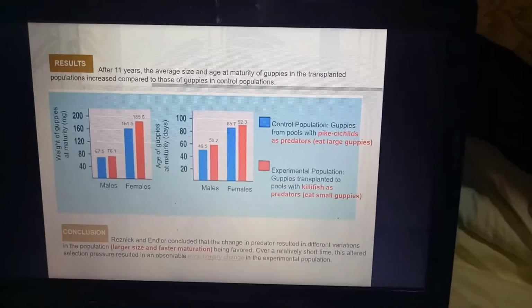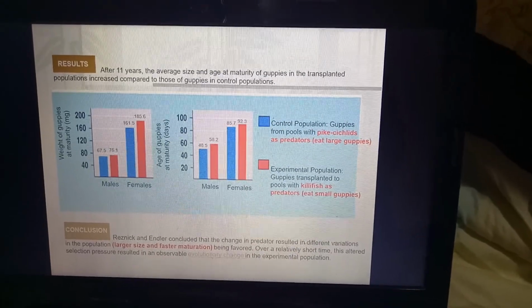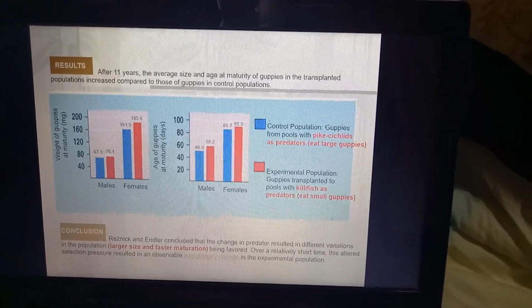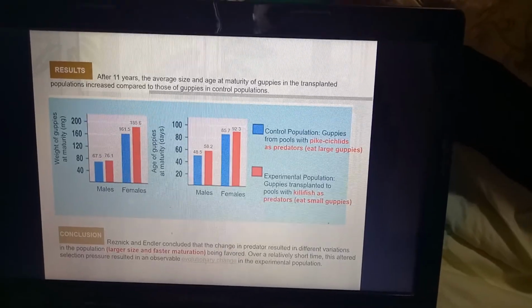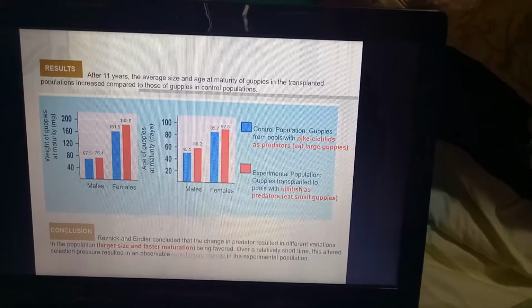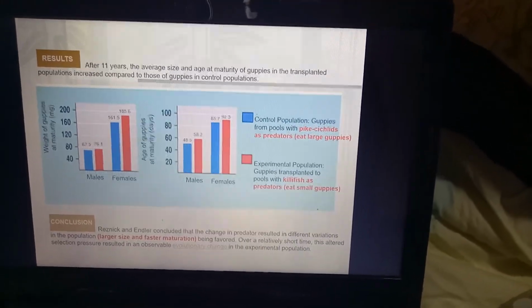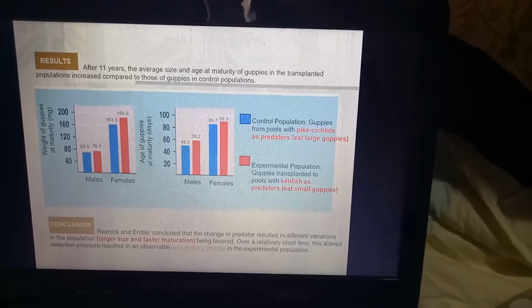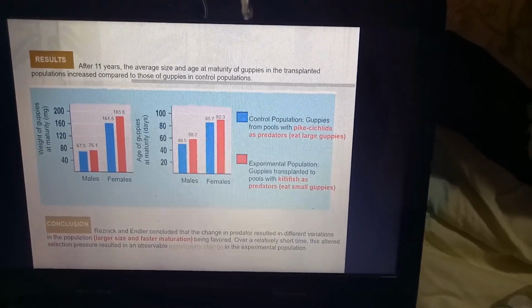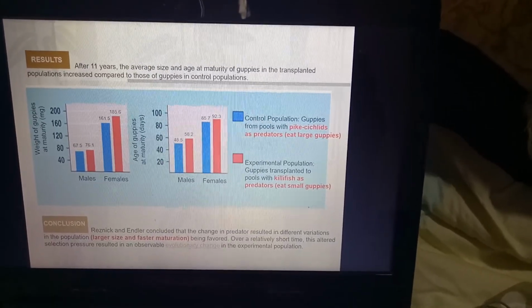As you can see from here, after 11 years, the average size and age at maturity of guppies in the transplanted population increased compared to those guppies in the control population. Okay, so as a conclusion here, the scientists concluded that the change in predator resulted in different variations in the population, with larger size and faster maturation being favored.